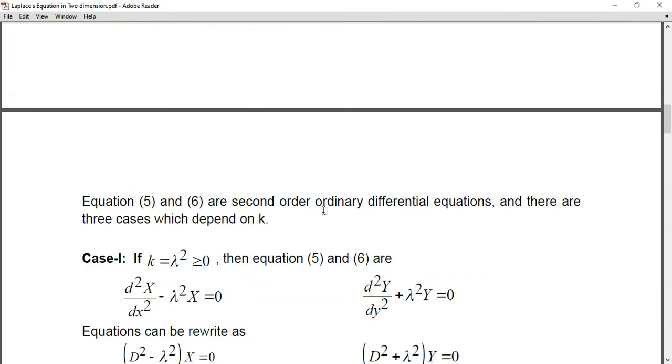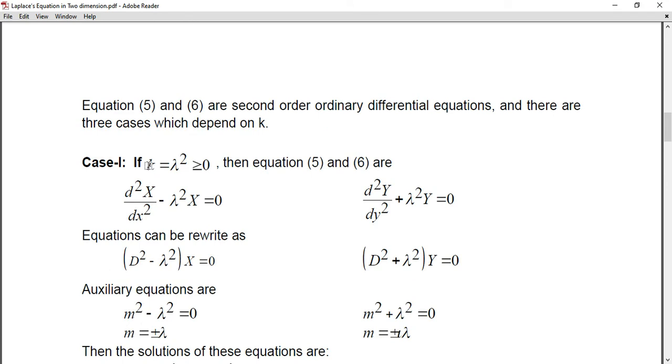Equations 5 and 6 are second order ordinary differential equations, and there are three cases which depend on k. Case first: if k = λ², it means k is greater than or equal to 0, positive or 0.